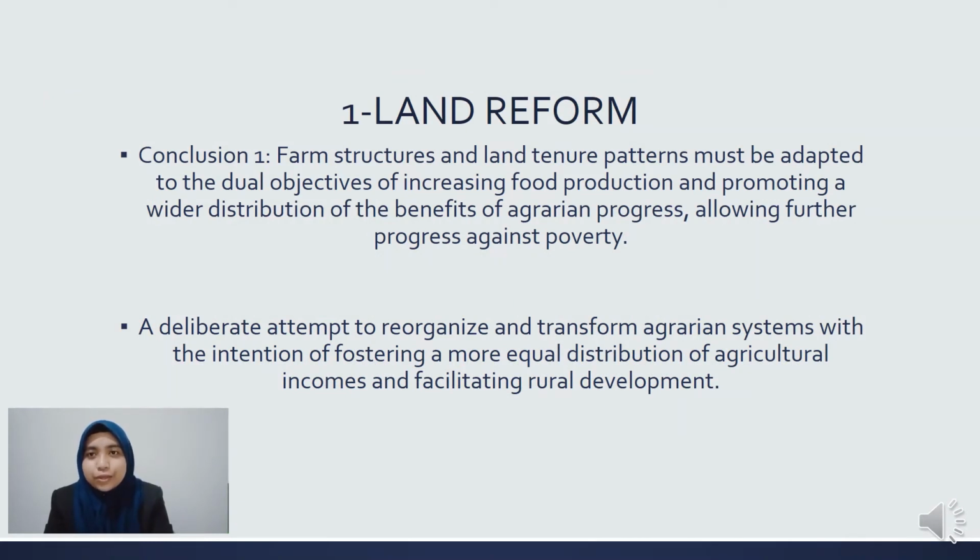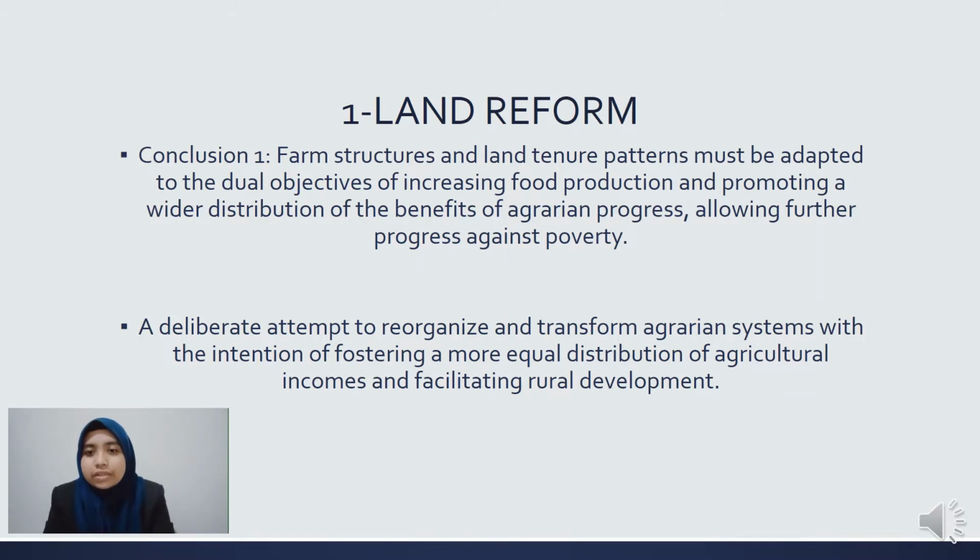The first conclusion is land reform. Conclusion 1, which is land reform: farm structures and land tenure patterns must be adapted to the dual objective of increasing food production and promoting a wider distribution of the benefits of agrarian progress, allowing further progress against poverty.